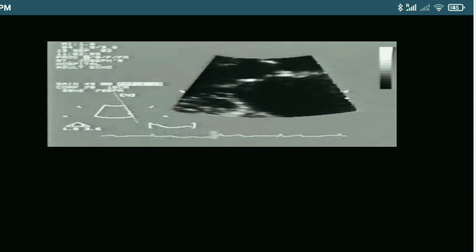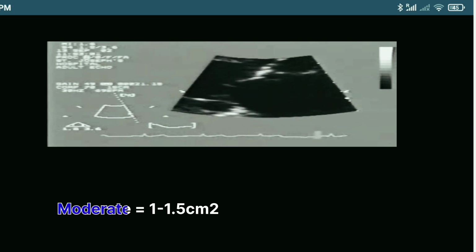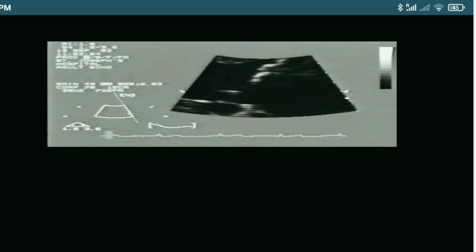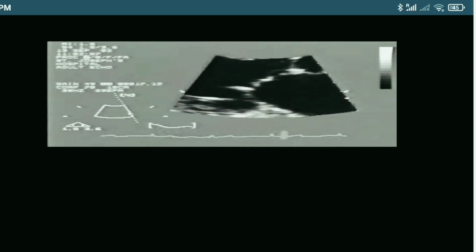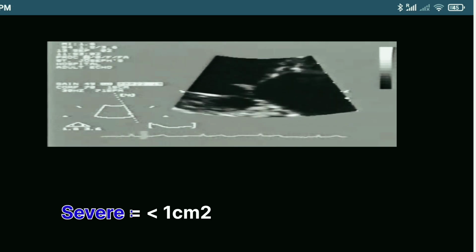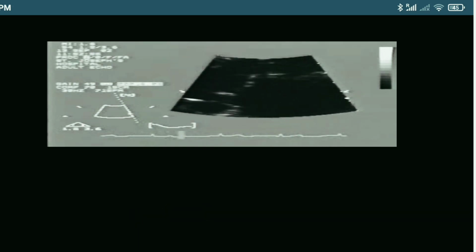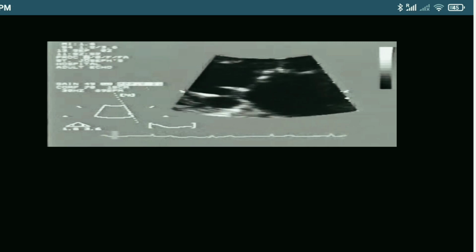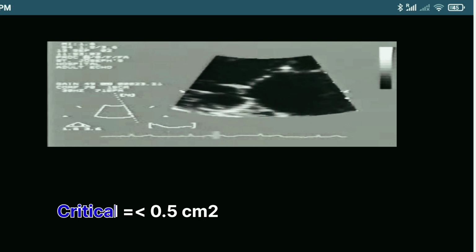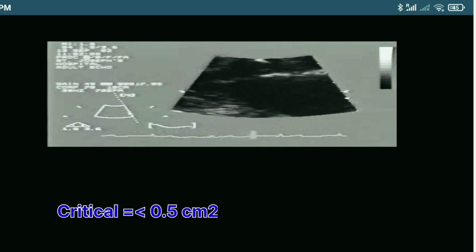The second one is moderate mitral stenosis, where the surface area is between 1 and 1.5 centimeters squared. In severe mitral stenosis, the size becomes less than 1 centimeter squared, and in critical mitral stenosis, the surface area of the mitral valve becomes less than or equal to 0.5 centimeters squared.